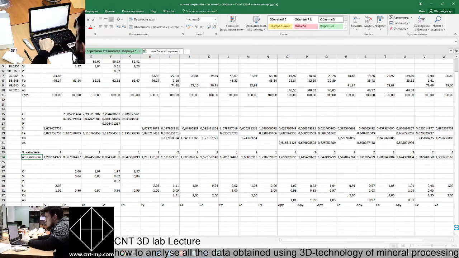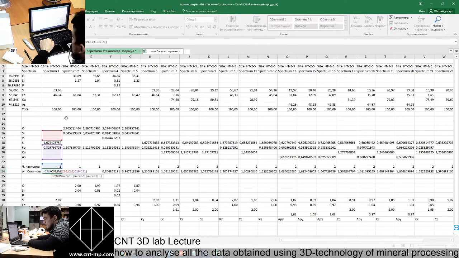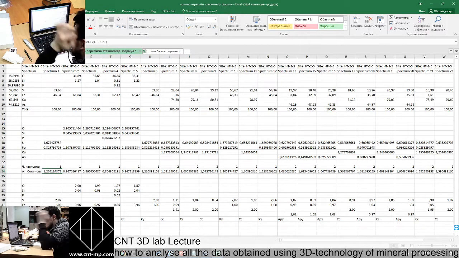We have to count the atomic ratio for each analysis. To do that, we just summarize all the cations, the coefficient of each cation, and we divide the sum of cations by the sum of coefficients for each element, and we receive an atomic ratio.